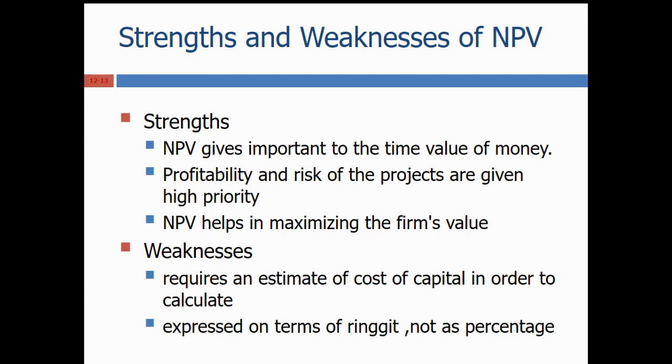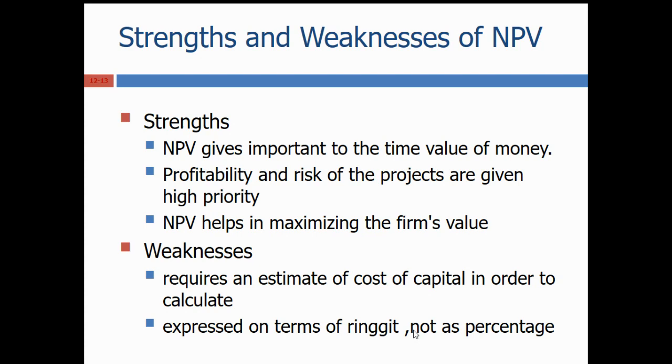Also, NPV is expressed in terms of ringgit. If you are doing a project, you calculate NPV and you get 5 million NPV, it means your project gives you a surplus of 5 million ringgit. You might think, why is that a weakness? It's a weakness because in corporations, the directors and higher level managers might prefer to look at percentages.